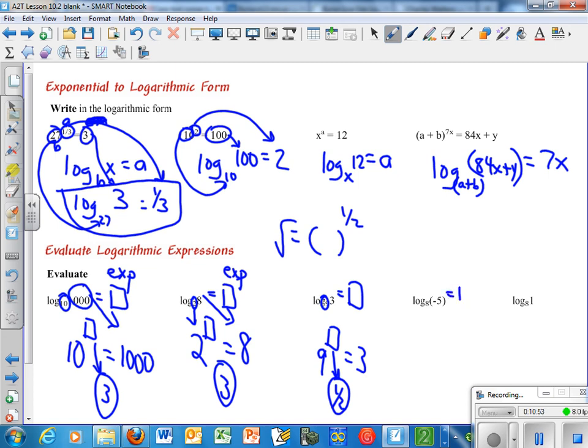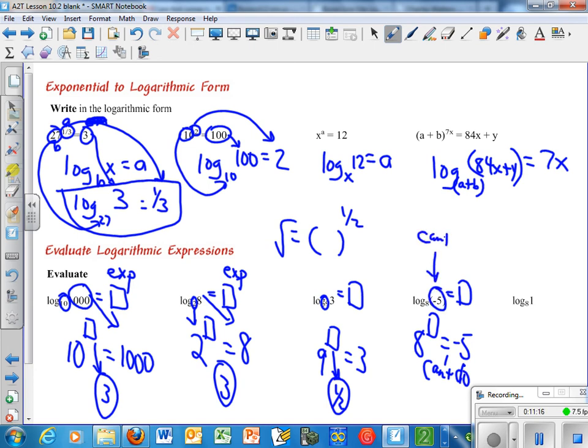Over here, now we have the log of -5 in base 8. What's that equal to? So we need to go 8 to what power equals -5. If you think about that, you can't do that. And remember what we said about what you're taking the log of.